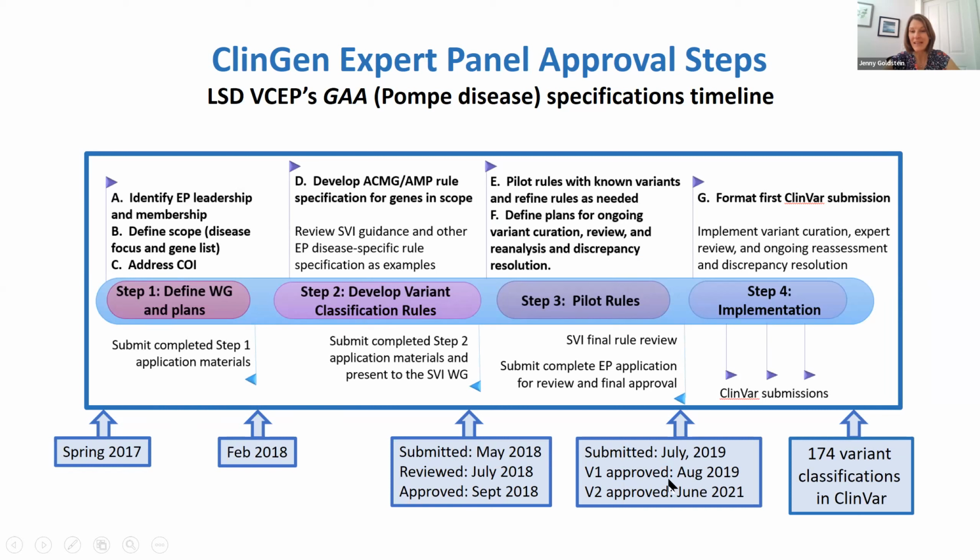We went through our pilot. And so our first version of our specifications was approved in August 2019. And then in June of last year, we had submitted version 2. So I'm going to talk a little bit about our updates from version 1 to version 2. And as of a little before Christmas, we have 174 variant classifications in ClinVar and a few more in the eRepo.